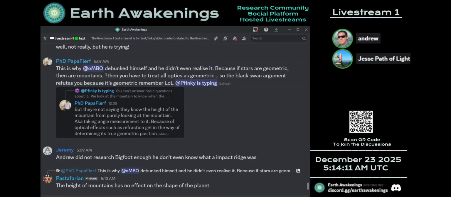And if it can bend equal to or greater than 8 inches per mile squared, then all the long-distance laser tests are also possible on a globe, which means they're no longer exclusive to flat or concave.